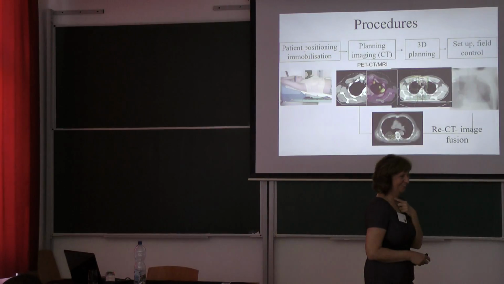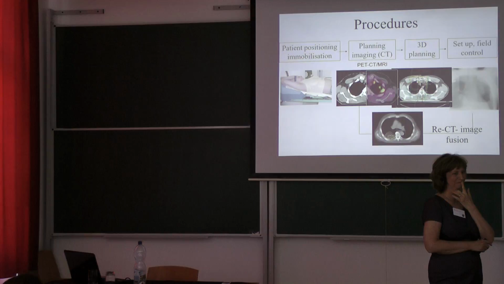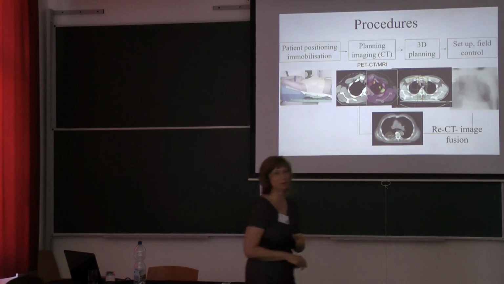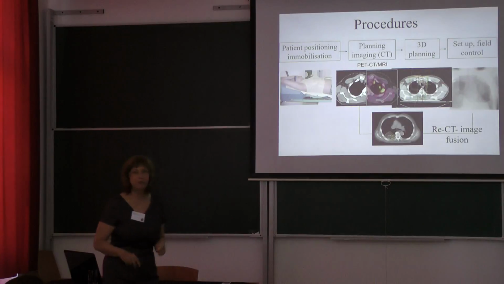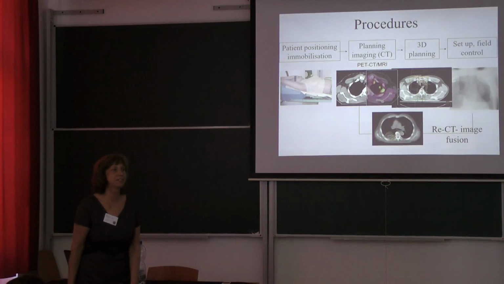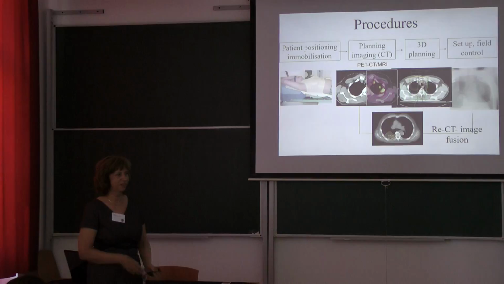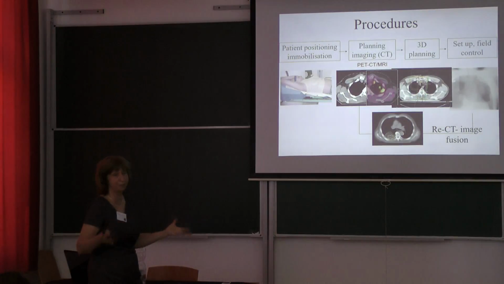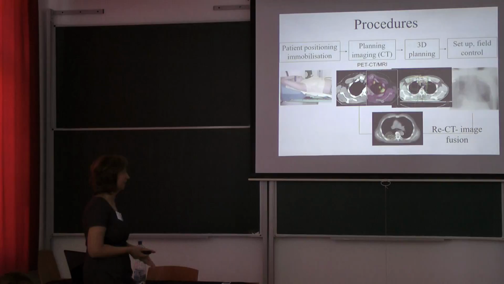Was it 10 gray per day? No, 2 grays, yes. 1.8 to 2 grays. And if we would like to destroy a tumor with 70 gray, how many days is it lasting? Yeah, 35 days, it means 7 weeks or 8 weeks, yes.